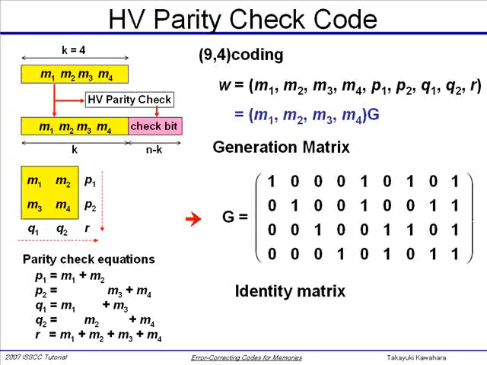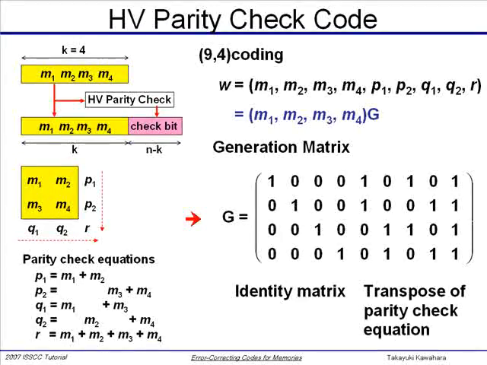And this part comes from the parity check equations, transposed. So as I said, this is the transposed parity check equation. This is the generator matrix for the HV parity check code.